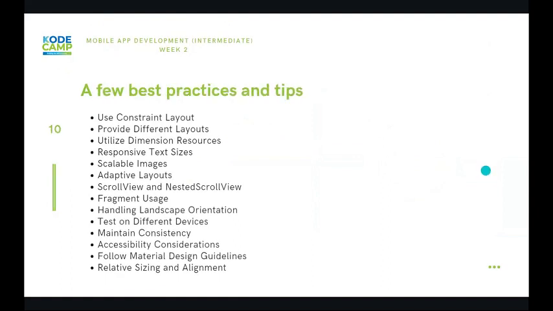So the first thing when you want to work on responsive design is to make use of constraint layouts. Constraint layout is well suited for creating responsive layouts, because it allows you to define relationships between your UI elements and adapt their positions and sizes based on the constraints.